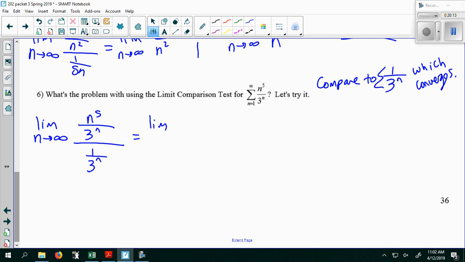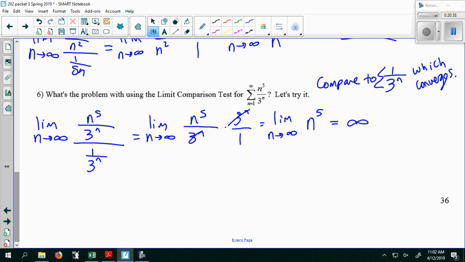So this is the limit as n goes to infinity of n to the fifth over 3 to the n times 3 to the n over 1. Cancel, cancel. This is the limit as n goes to infinity of n to the fifth. What is that limit? Infinity, yeah.